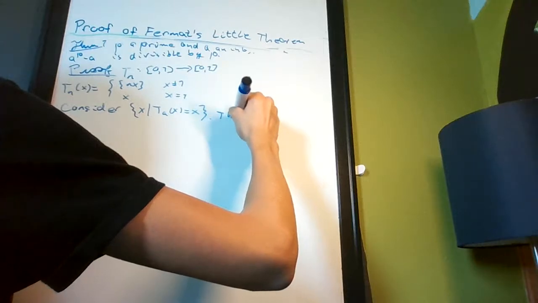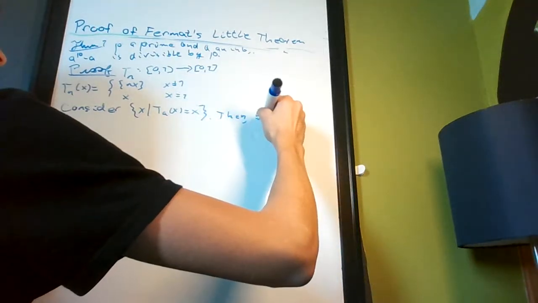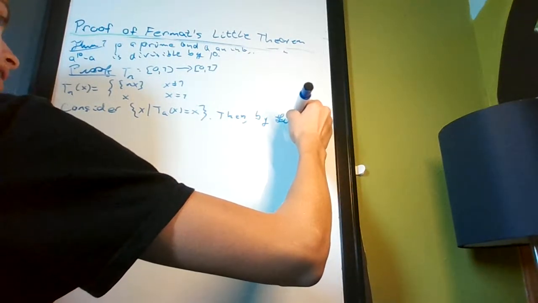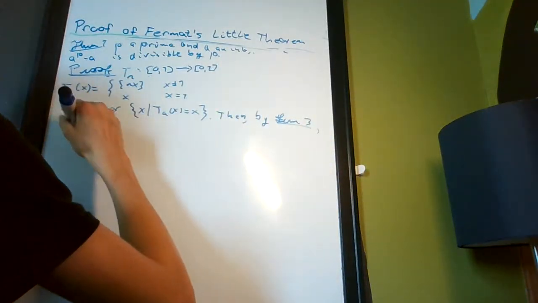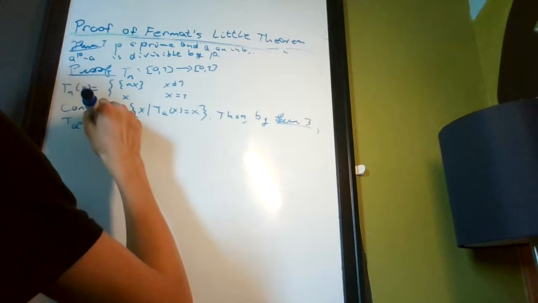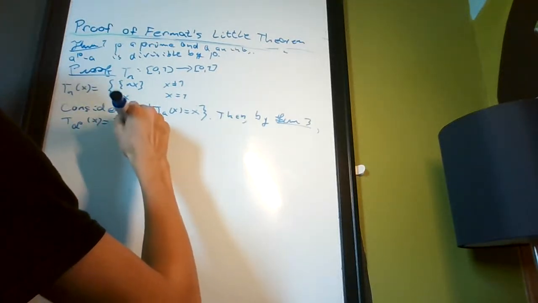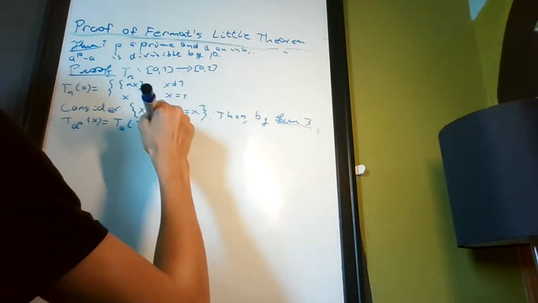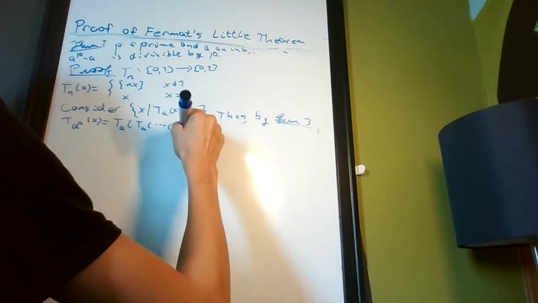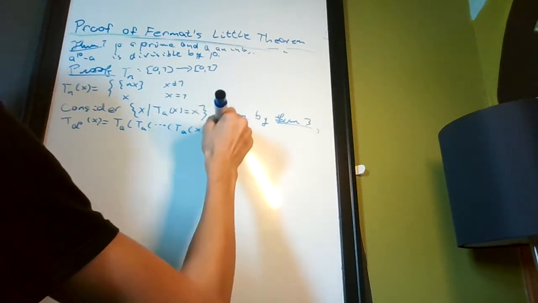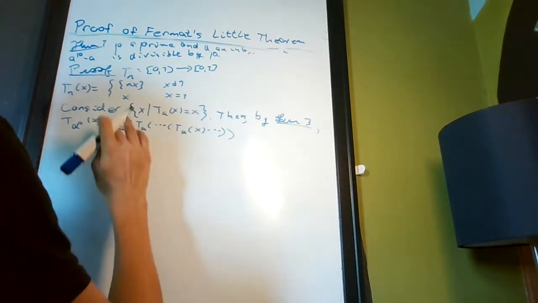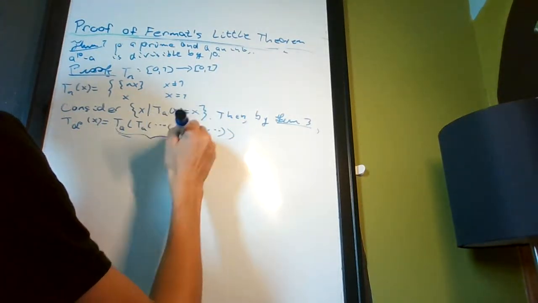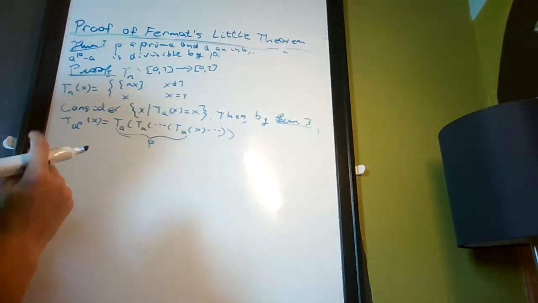Then, by our lemma 3, TA to the p of x equals TA of TA of dot dot dot of TA of x, p times, right?